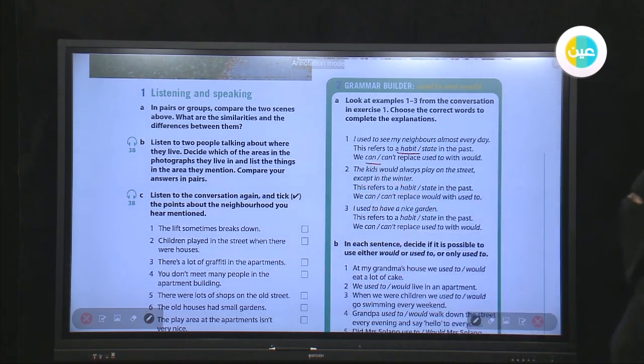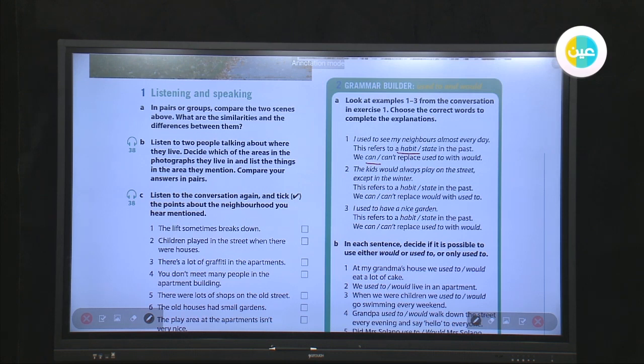Number 2, the kids would always play on the street except in the winter. Except in the winter they can play in the street. This refers to a habit or a state in the past. What do you think?